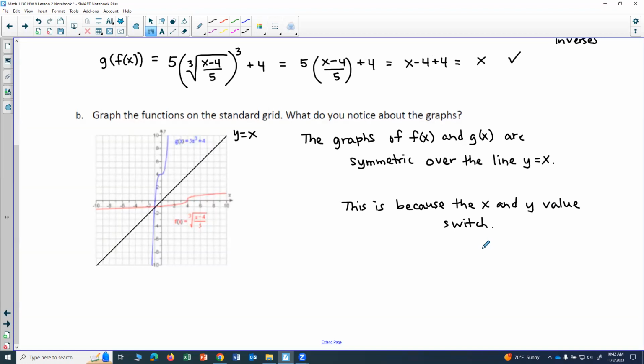So let's take this idea and go one step further. If we are just given the graph of a function, can we find the graph of its inverse? So let's look at an example of that.